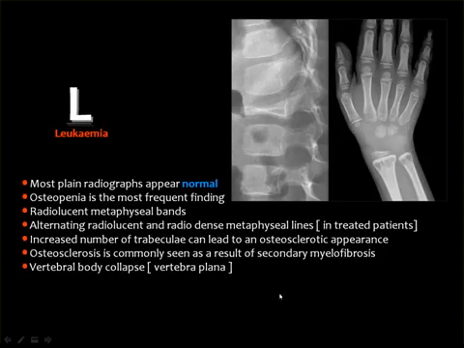Then we should consider that most of the radiological findings in leukemia are not pathognomonic. Even more, in patients with leukemia, the plain films may appear totally normal. Then, one may say, how can I reach the diagnosis?